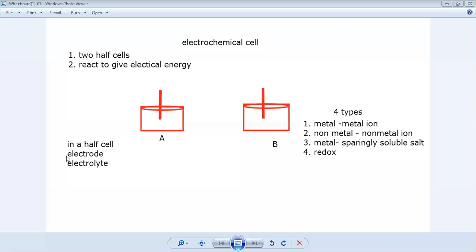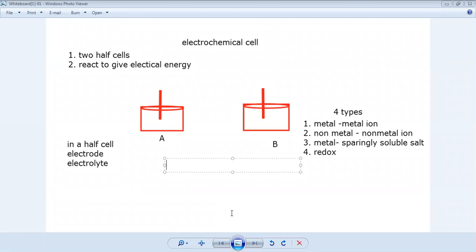Metal metal ion, non-metal non-metal ion, metal sparingly soluble salt, and redox. Now we are going to describe this in detail.